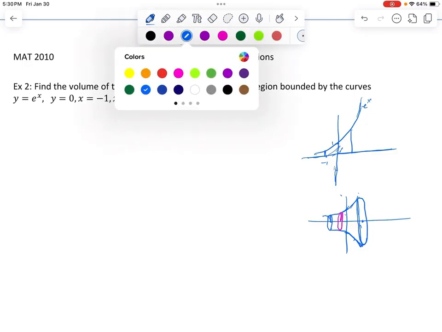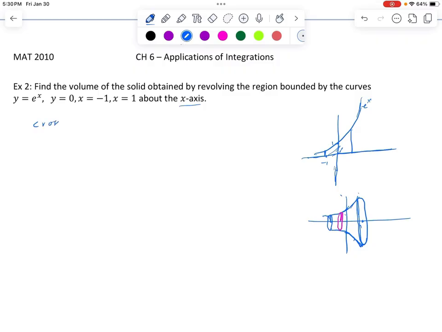Area, we will say the cross section is a disk with radius f of x.